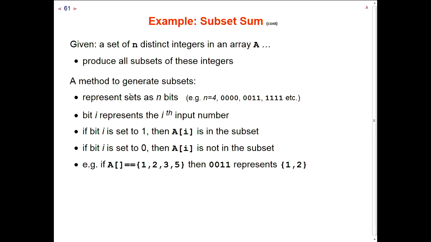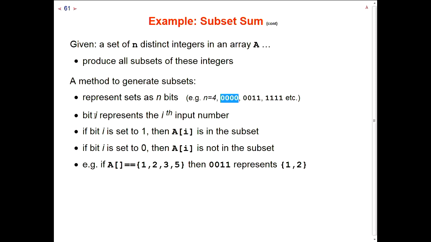So if you have 4 numbers, then you can use 4-bit numbers to encode all possible subsets. The quadruple 0, 0, 0, 0 would stand for the empty subset. You don't select any number. 0, 0, 1, 1 would correspond to selecting the 3rd and 4th number. And 1, 1, 1, 1 would correspond to selecting all numbers in that subset.